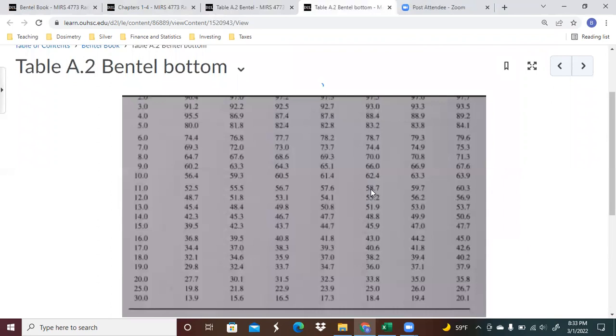In this case, I'm going to interpolate. Since we're looking at 10.5 here, right in between those two depths, I'm going to take the midpoint, the average of these two. The midpoint in this case is 61.4 plus 57.6, all divided by 2.